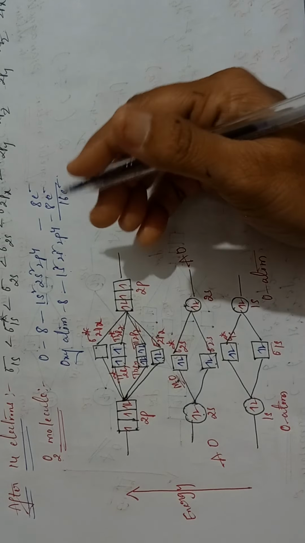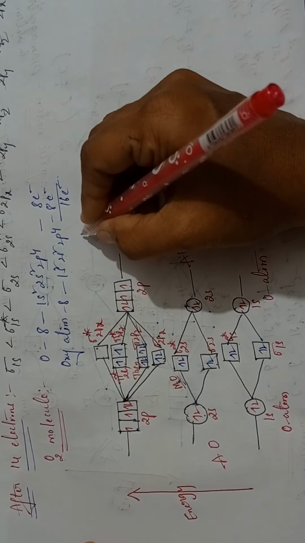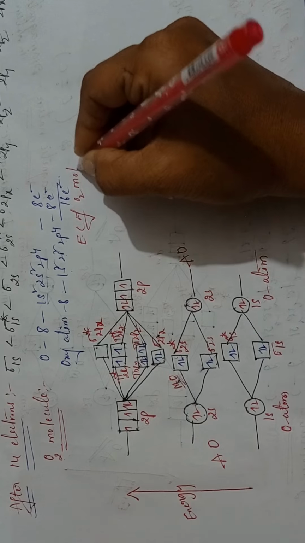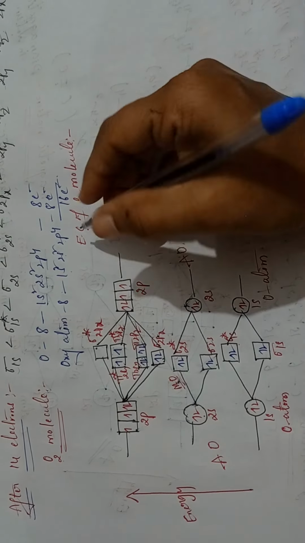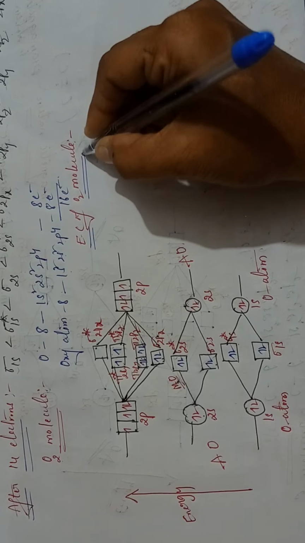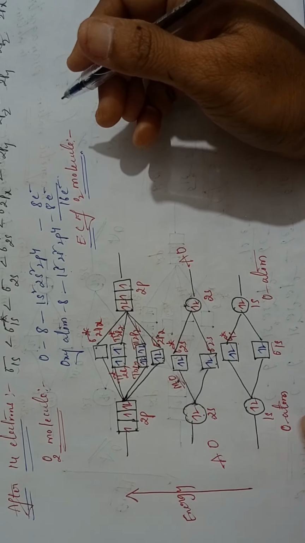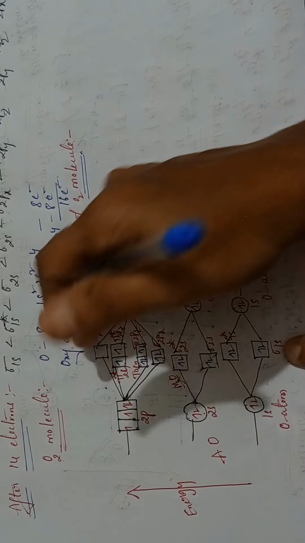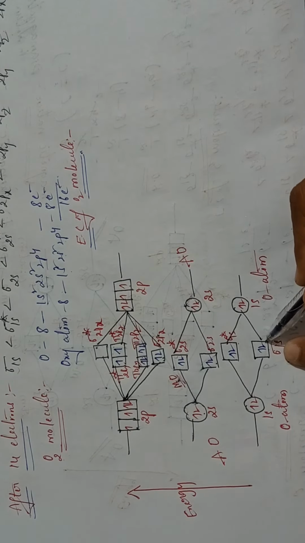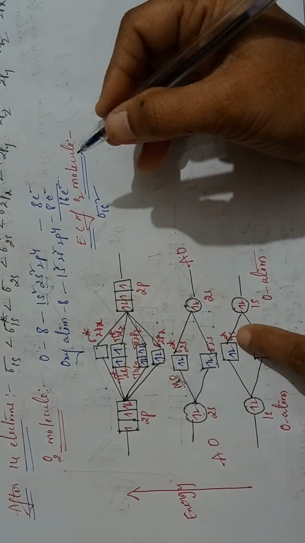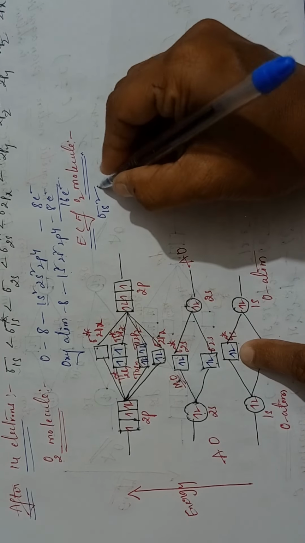Now coming to the electronic configuration, students. How to write the electronic configuration of the O2 molecule? From down to up we have to write. In sigma 1s how many electrons? 2 electrons.